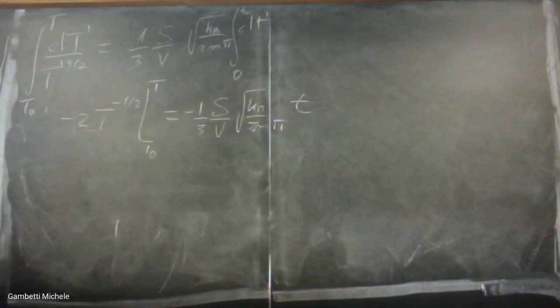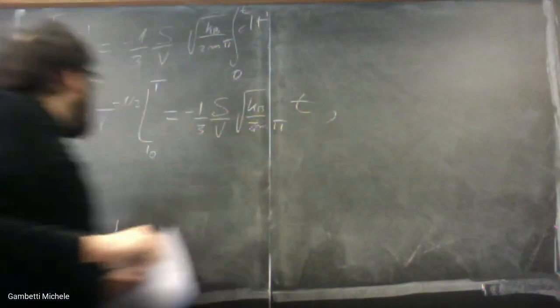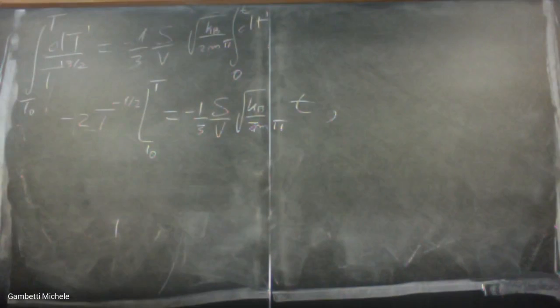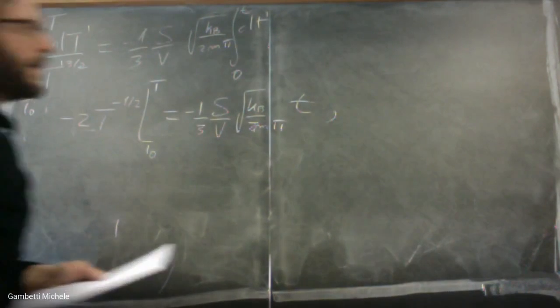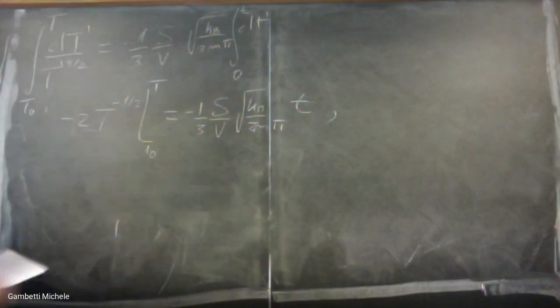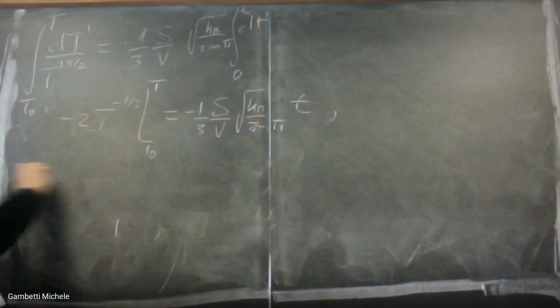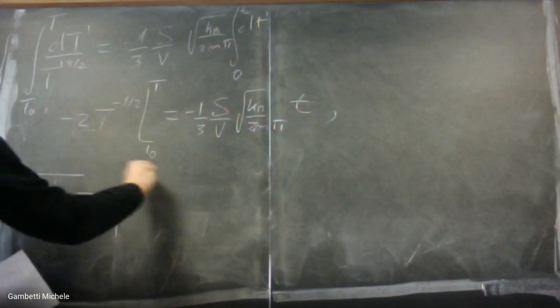Then I multiply by T0 to the power of 1/2 on the left hand side and the right hand side. Then I write you directly the result. I mean, it's just doing some algebra. And the final result is the following.